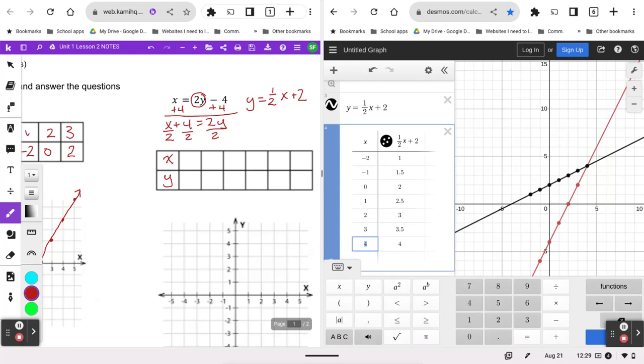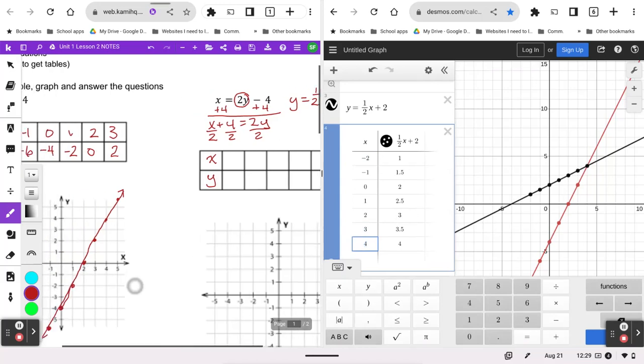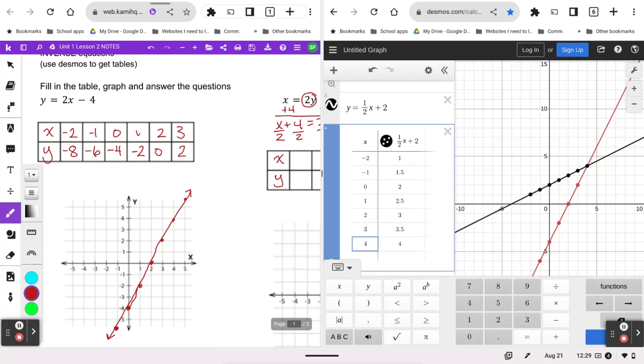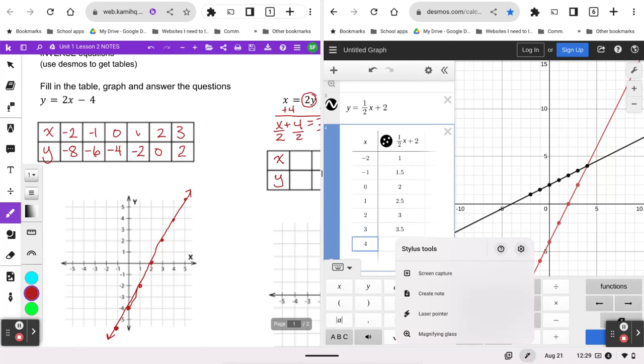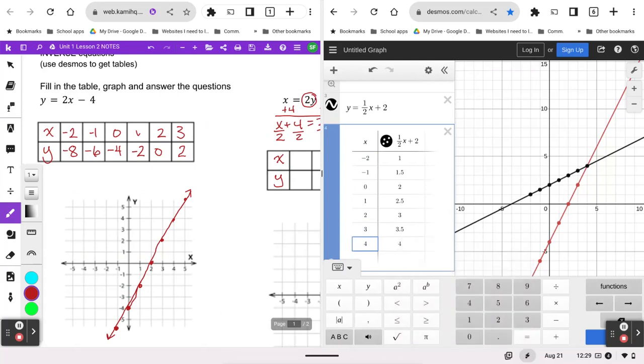But if you also look at our previous table, if our x was 1, our y was -2.